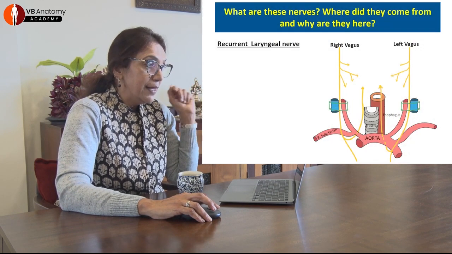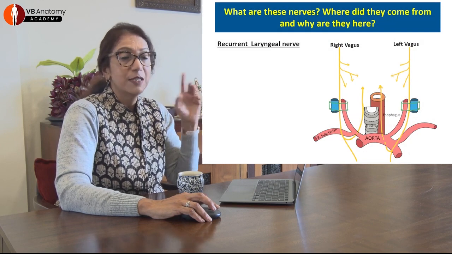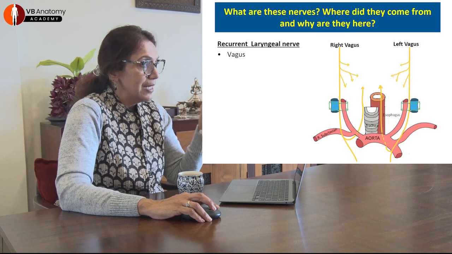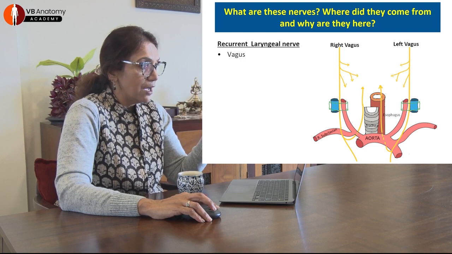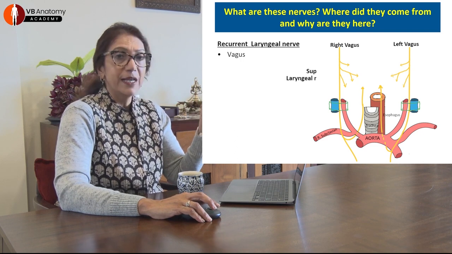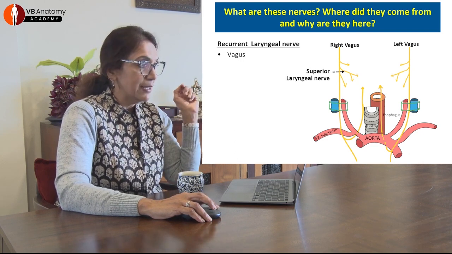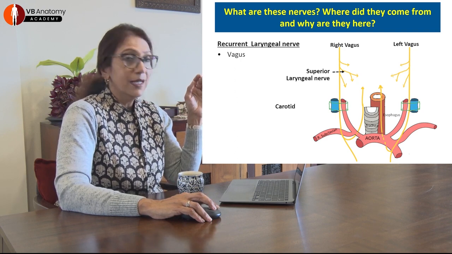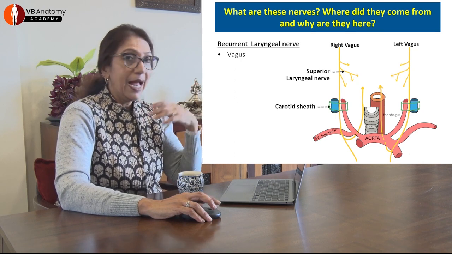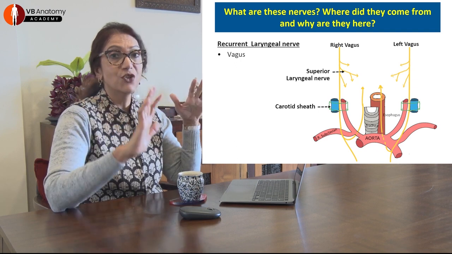Let's now talk about the recurrent laryngeal nerve. Recurrent laryngeal nerve on both sides is branch of vagus. You can see here the right vagus descending down, giving rise to the superior laryngeal nerve. Left also does the same. They are traveling in the carotid sheath, but at the level of the neck, their course changes.